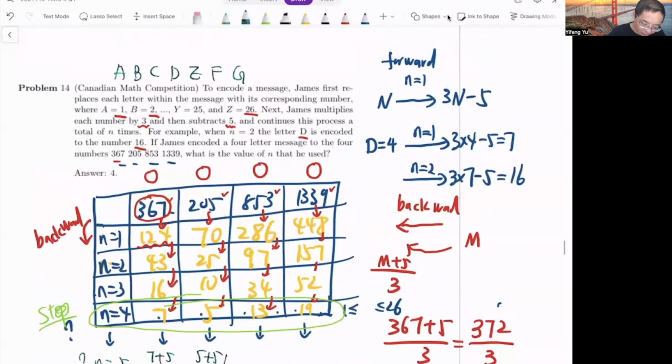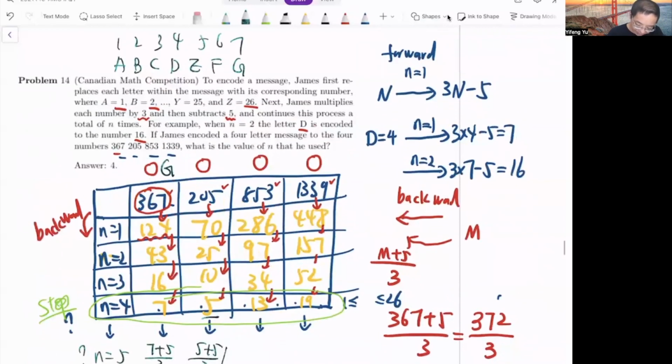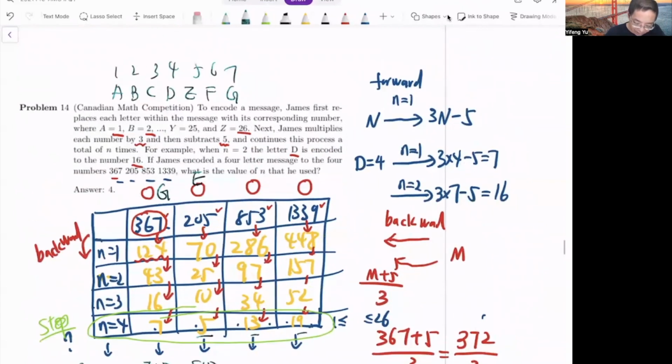We can get 1, 2, 3, 4, 5, 6, 7. So this letter will be G. And this is 5, that means this letter will be E. And similarly, you can find 13 and 19. You can just go through the list.